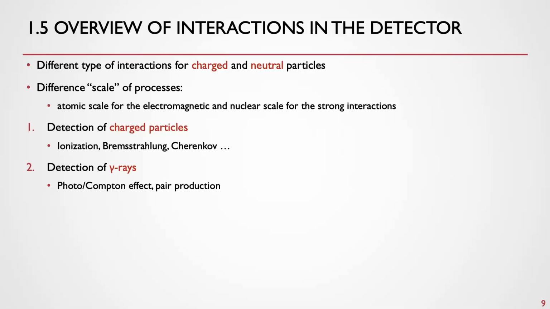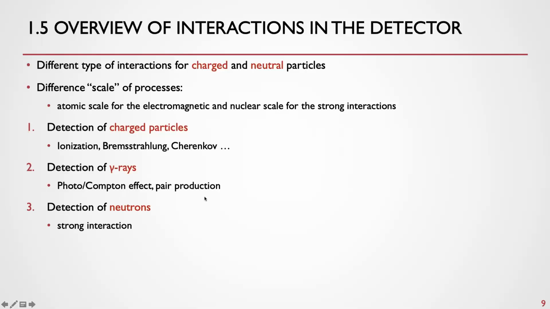So that's charged particles. Photons can be measured by the photoelectric and Compton effect, so interactions with the atomic shell. For highly energetic photons, the dominant detection process is pair production. Pair production of an e+e- pair by interactions with the very strong electromagnetic field close to the nucleus of a particle.